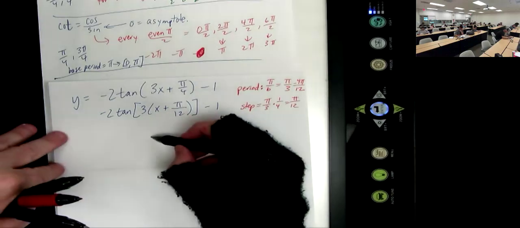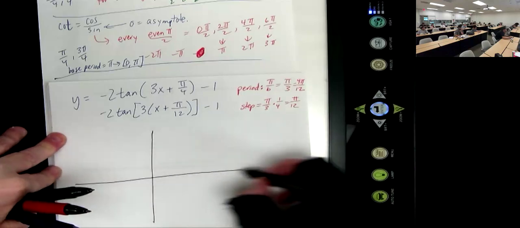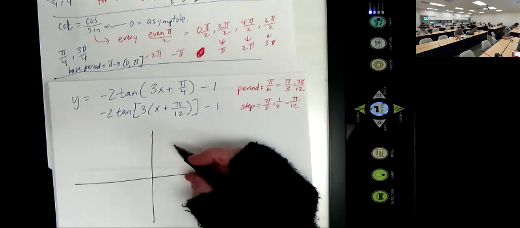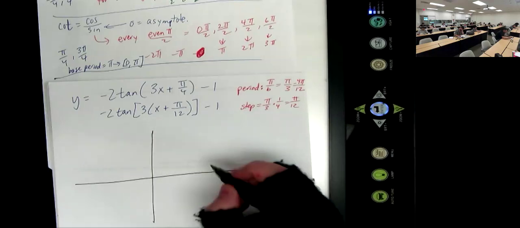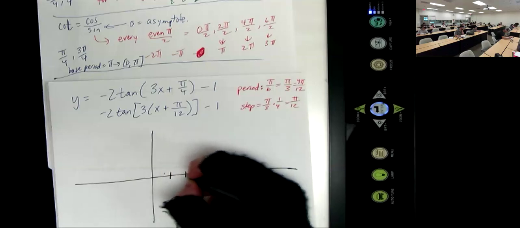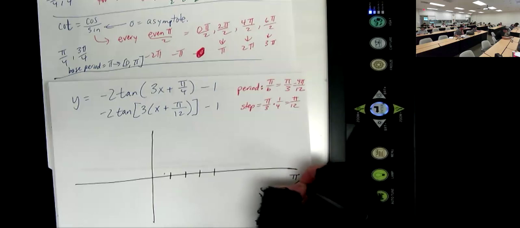So I'm gonna draw the base graph of tangent. We want pi over 12 as our steps, so 1, 2, and I'm just gonna mark that these are in steps of pi over 12.